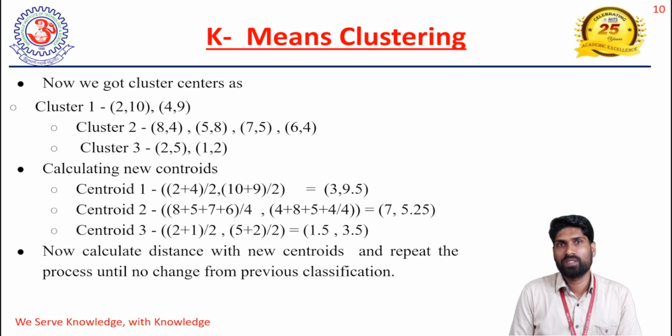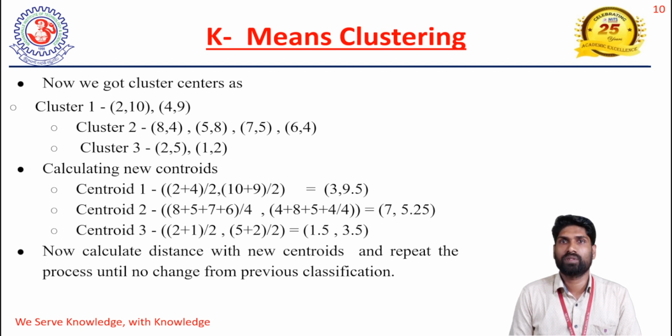No changes. But while we are calculating centroids or cluster centers, the centers will be affected, especially centroid 1 and centroid 2. Centroid 3 will remain the same. Now centroid 1 will change by this particular value. We are taking the values 2 and 4, x1 plus x2 by 2, then y1 plus y2 by 2, 10 plus 9 by 2.